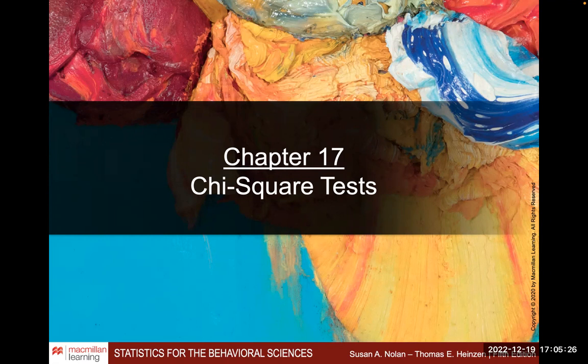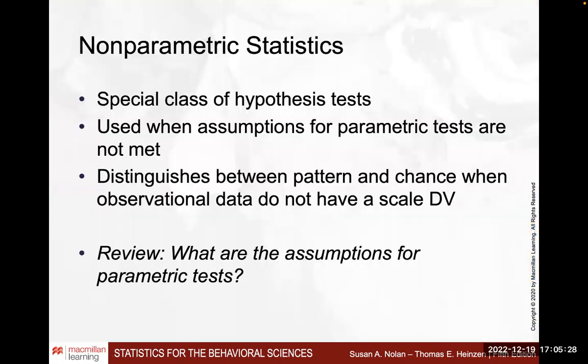Good, chi-squared. So chi-squared is now a new class of statistics. It's non-parametric statistics that basically do not have to fulfill those assumptions that a parametric test has to fulfill, which, you remember, are randomly sampled, linear relationships, normal distribution, and homoscedasticity.